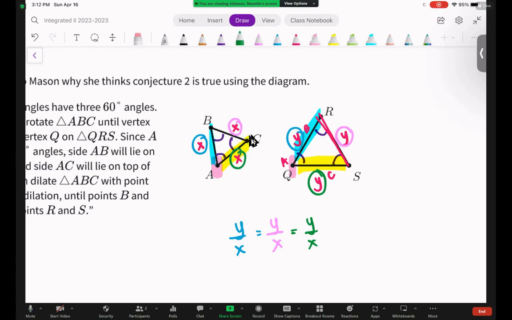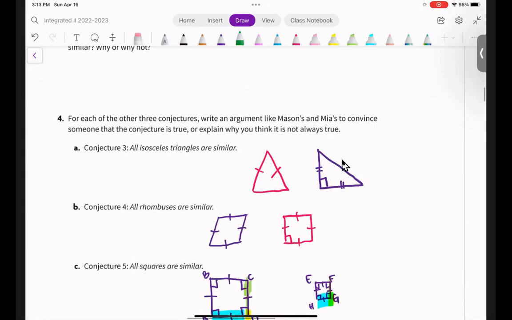That means the sides are in proportion. So if this guy was like, say, 5 and this was 10, these 2 aren't in proportion. But because they're all the same, Y over X, Y over X, Y over X, it does work because these are equilateral triangles, right? All right, let's move forward.